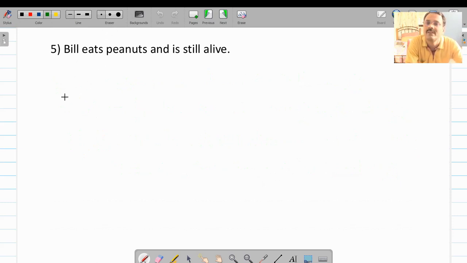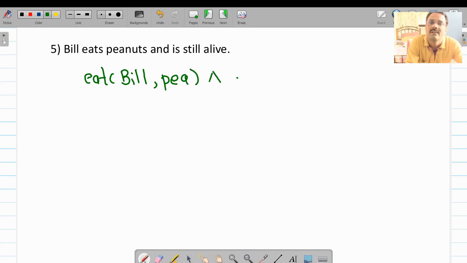So in predicate logic form, implication is there. Two statements ending of this, Bill eats peanuts, so that is equivalent to eat Bill peanuts, I will write PA, and alive already we have defined earlier, alive Bill. Bill is alive. So one clause has resulted in two clauses.